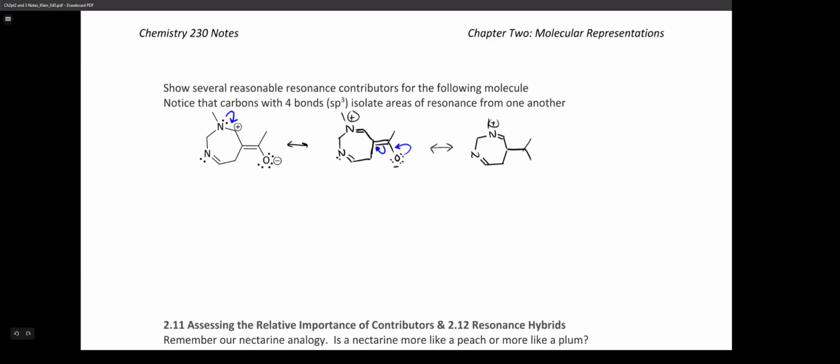So now the oxygen is double bonded, right? Because these electrons went here, and these two electrons went where? Onto the carbon. So I need a lone pair. So that's going to be negative right there.